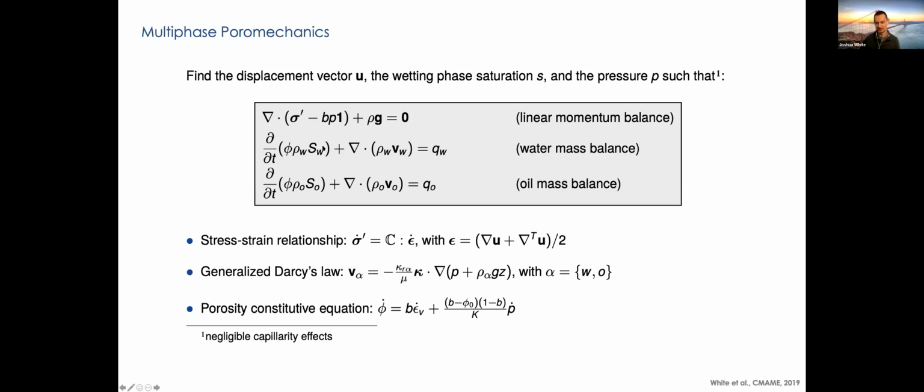This saturation is 100%, so this will simplify. So we get a simplified set of equations. In many systems, we have more complicated phase behavior. For example, in that CO2 system, we have CO2 and water. The CO2 can actually mix with the water, so we end up with what we call a compositional flow formulation. It has a similar structure, but is a little bit more complicated.